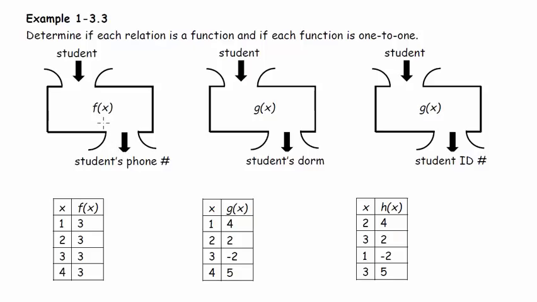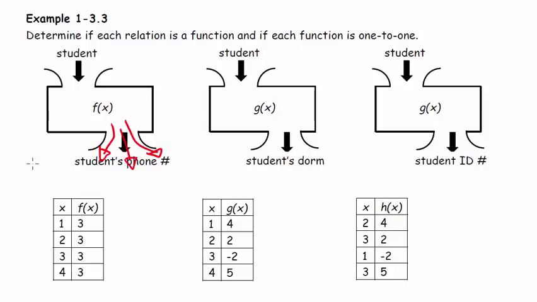Let's think about that. Could a given student have more than one output, more than one phone number? Well, yeah, maybe the student has a home landline, a mobile phone, a dorm number, a work number.